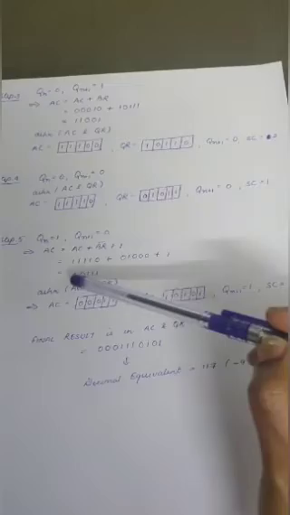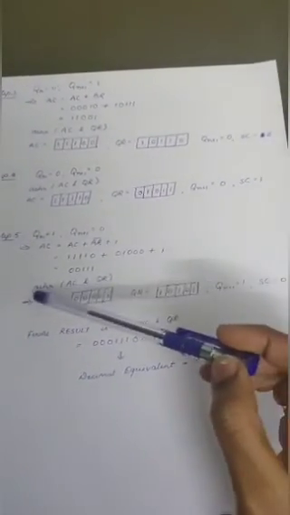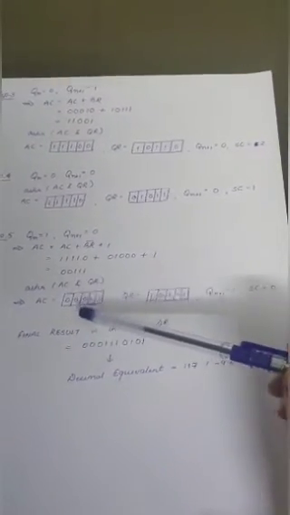The next step, where Qn is 1 and Qn plus 1 is 0. In that case, I need to subtract my multiplicand from the partial product. So AC will be 0 0 1 1 1. Afterwards, I again need to perform a shift right operation, which will give me AC equals 0 0 0 1 1.